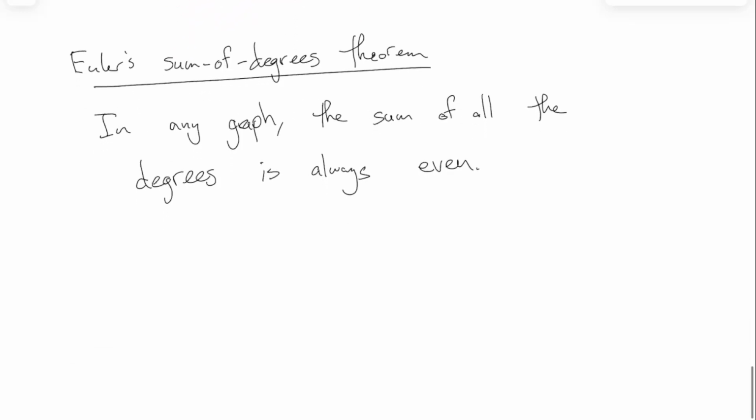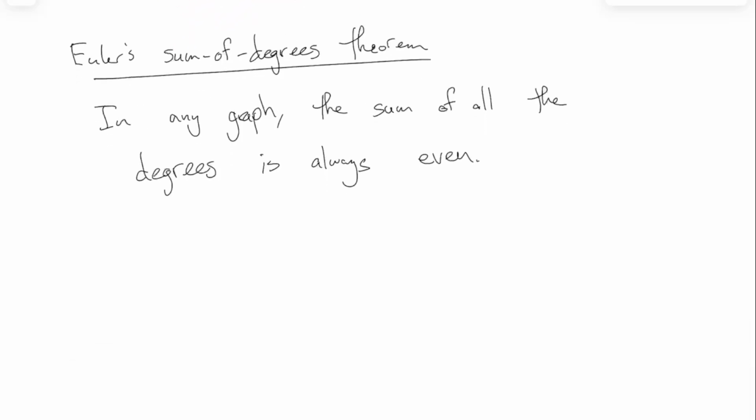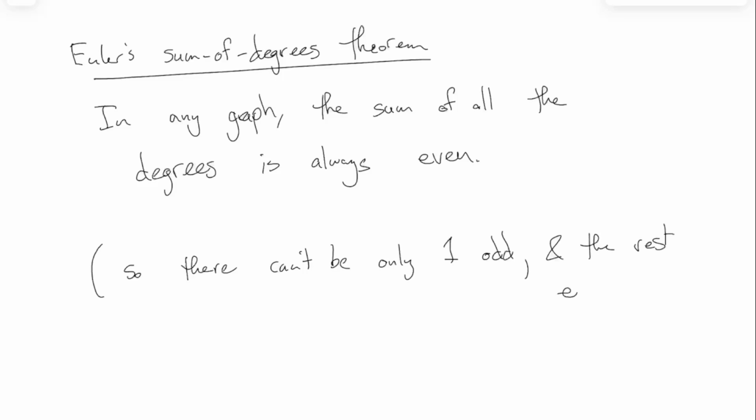So in any graph, the sum of all degrees is always even. What that means is there can't be only one odd and the rest even, just because of the way odds and evens add together.